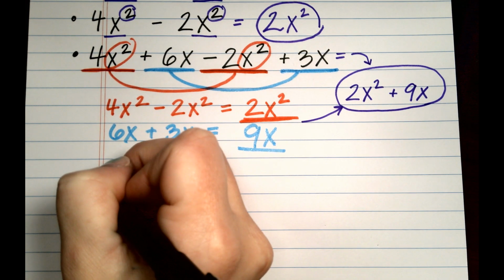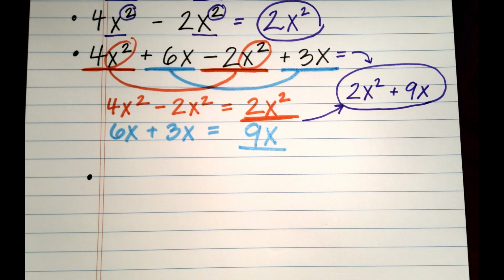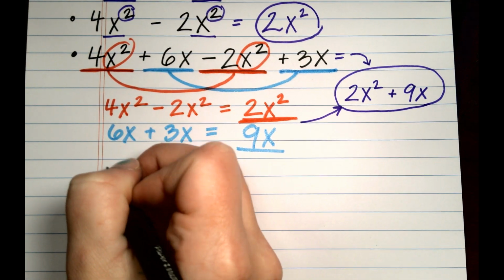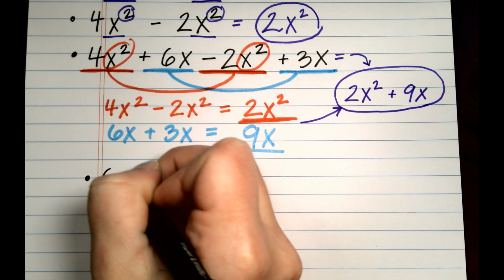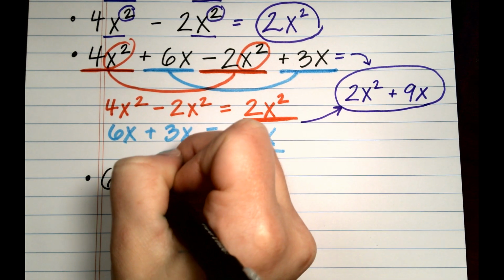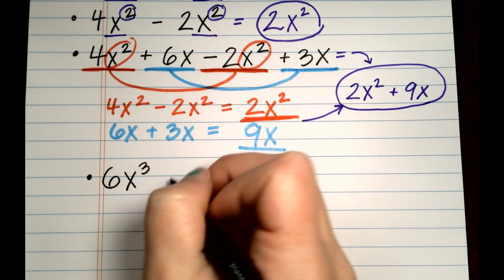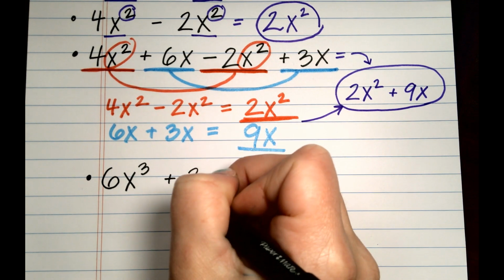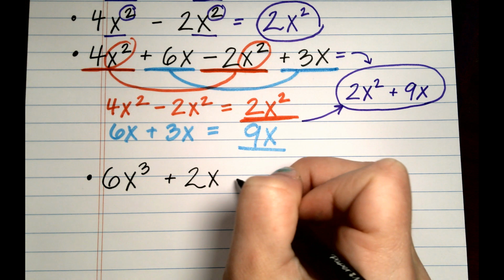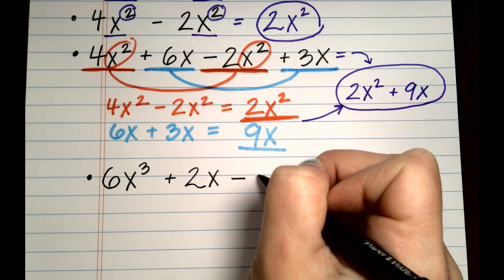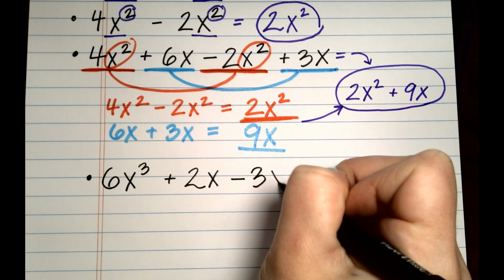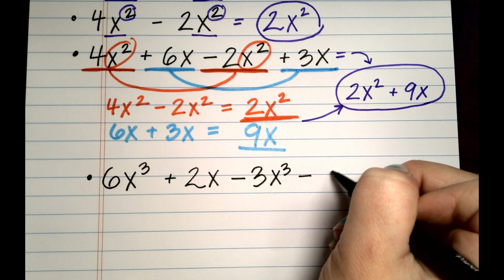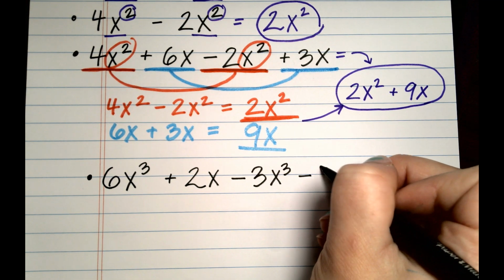Now I'm going to write one out that I want you to try on your own. How about 6x to the third power plus 2x minus 3x to the third power minus 1x.